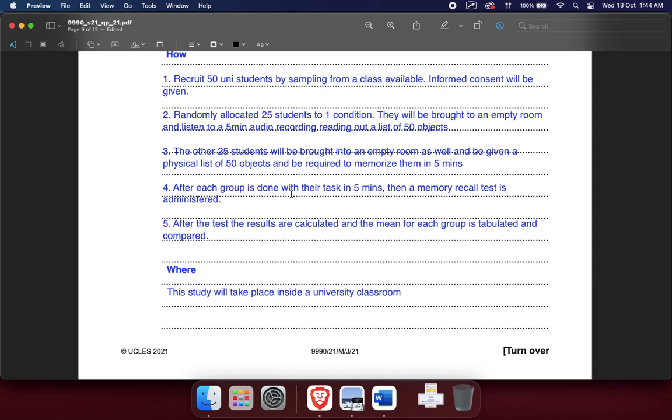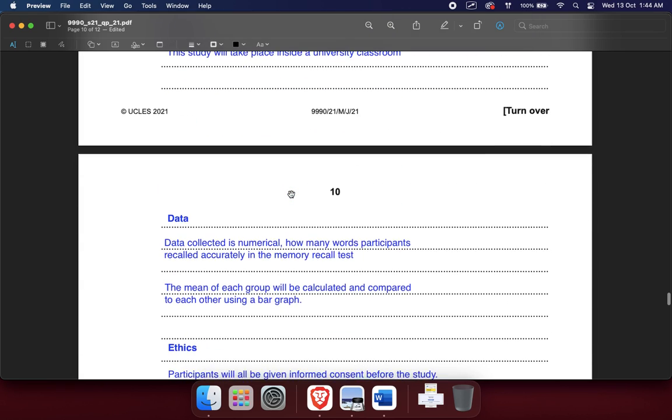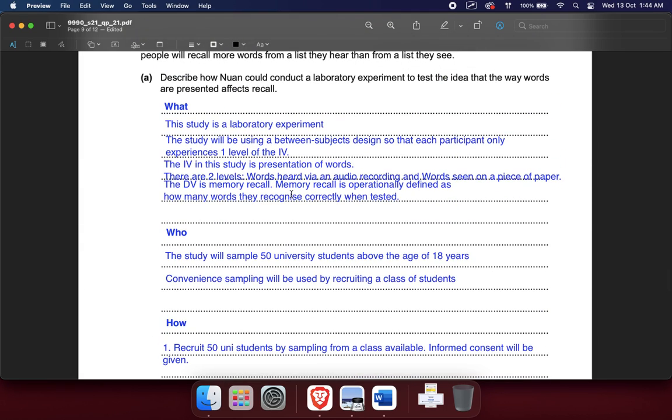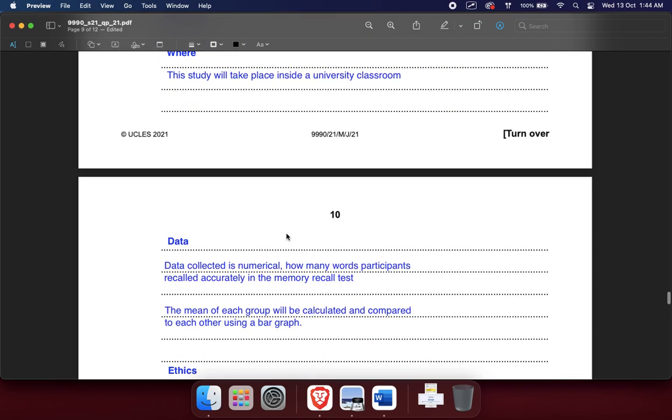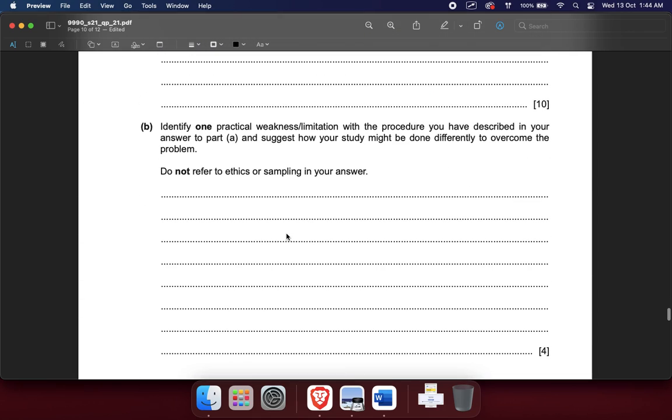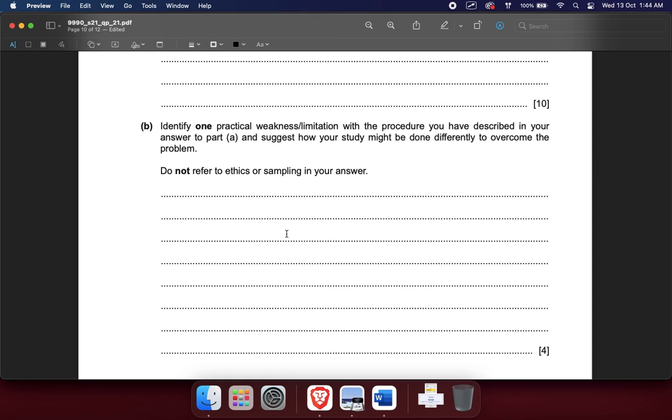Let me think. Firstly, to identify what is a weakness in the study. Let's think of one.